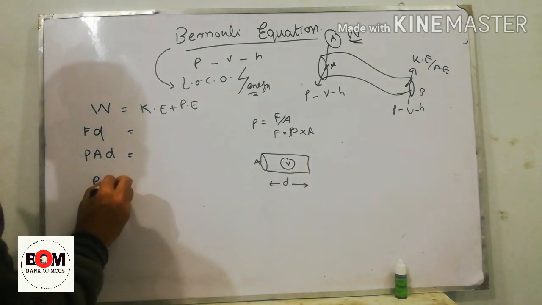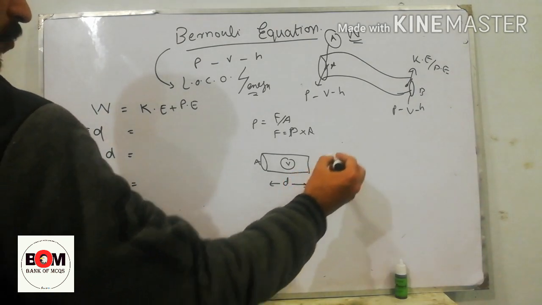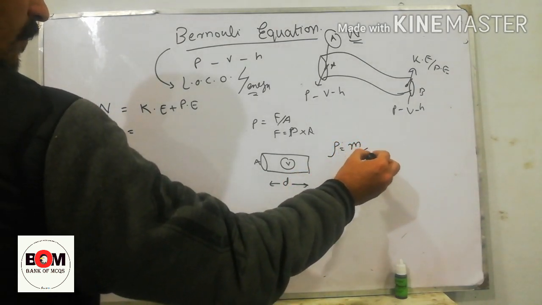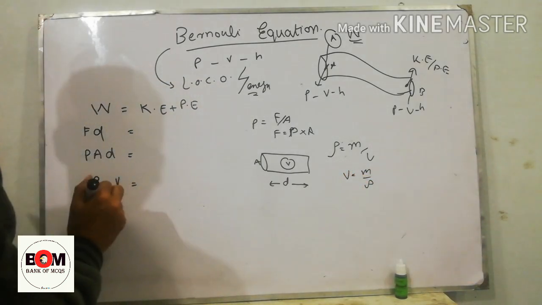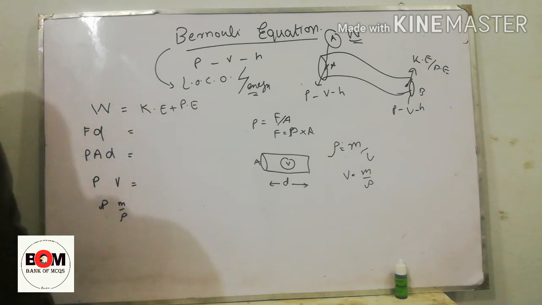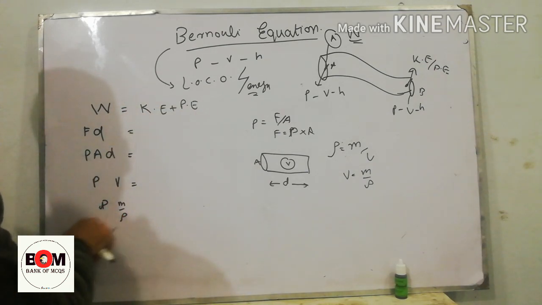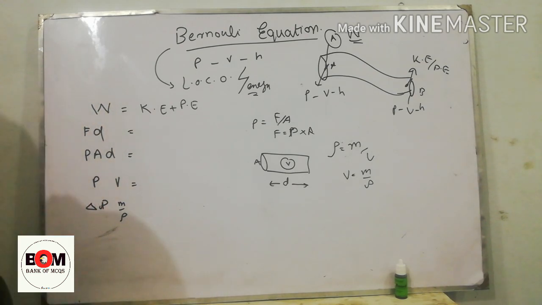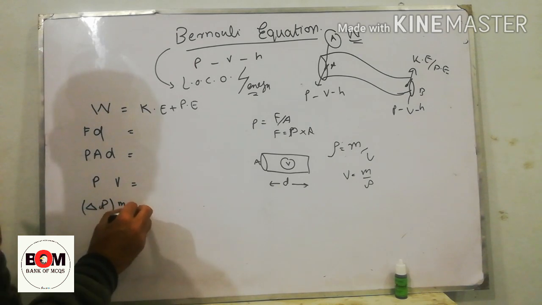So we get P into V. Further, we know that density is equal to mass per unit volume, so volume is equal to mass divided by rho. So the change in work done is equal to change in pressure times m divided by rho.